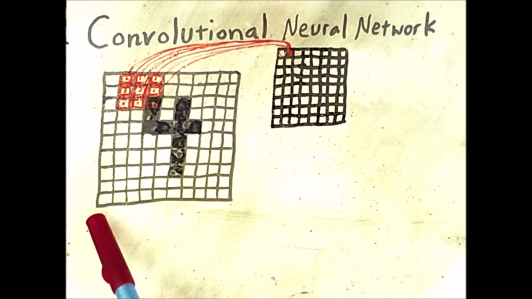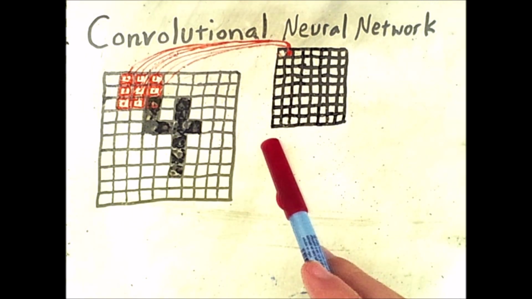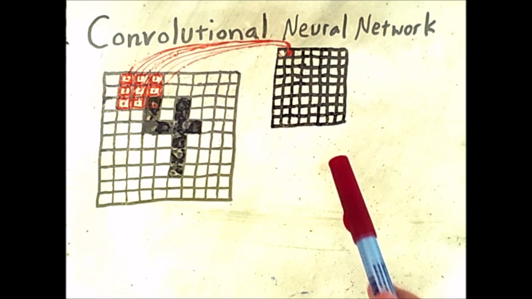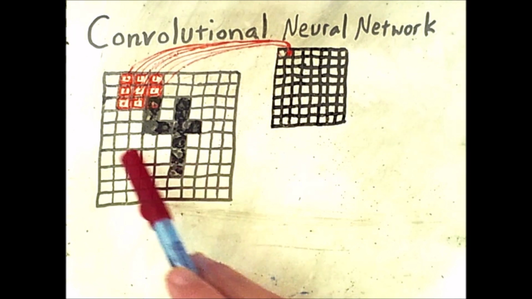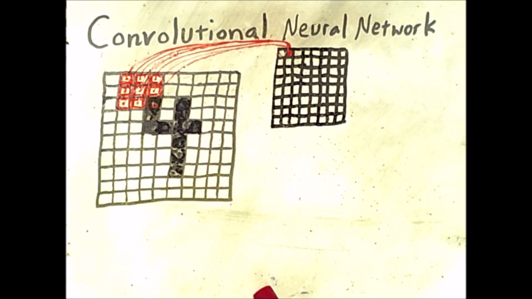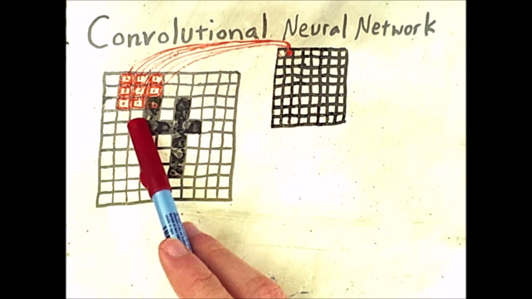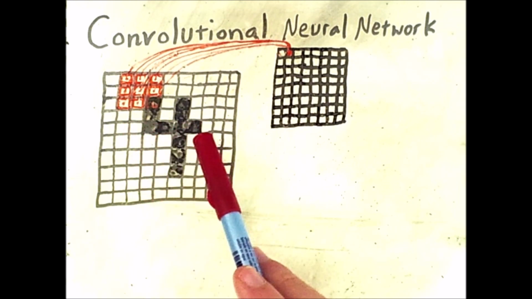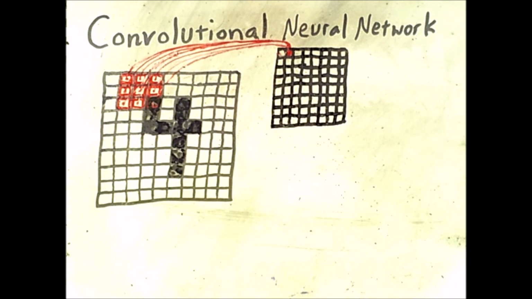And note that this input space is 10 pixels wide, but this hidden layer is only 8 pixels wide. And that is because with a 3 by 3 receptive field, we will only be able to move the receptive field enough times to the right to hit 8 different points on this hidden layer.